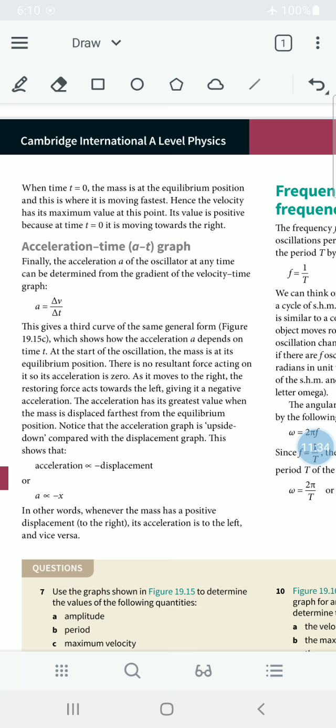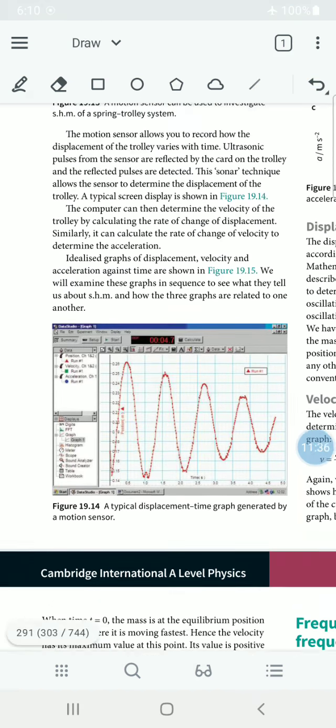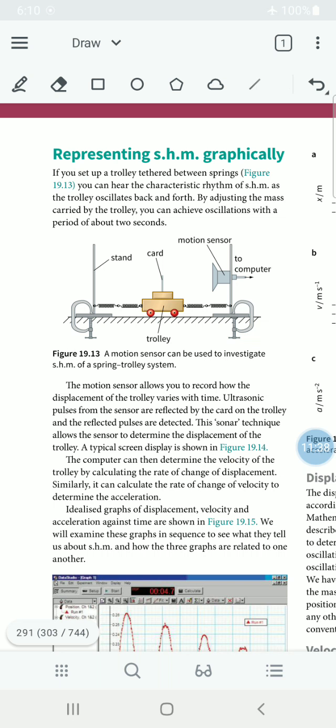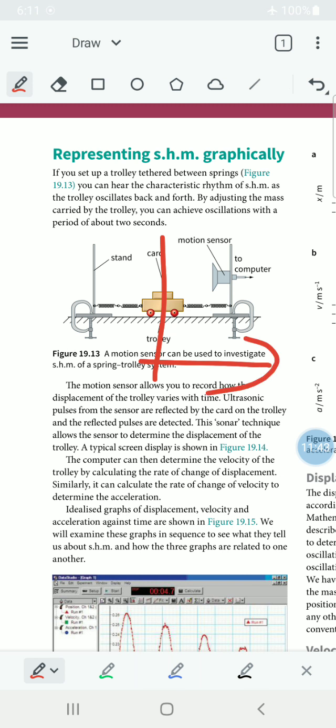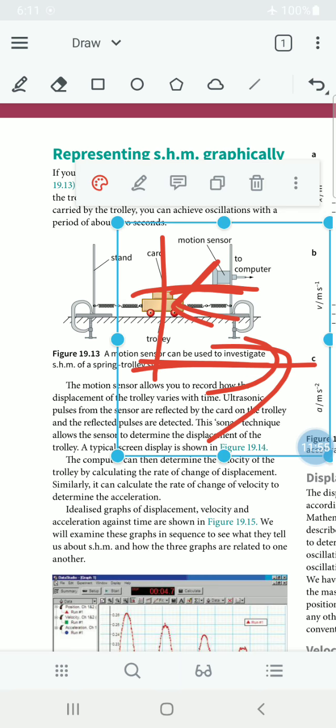In which direction is the restoring force acting? It is acting now when it is going past this point. It goes past this point, but the restoring force is acting towards the equilibrium position. Because it is acting against the movement, it would have a negative acceleration, or rather a deceleration.